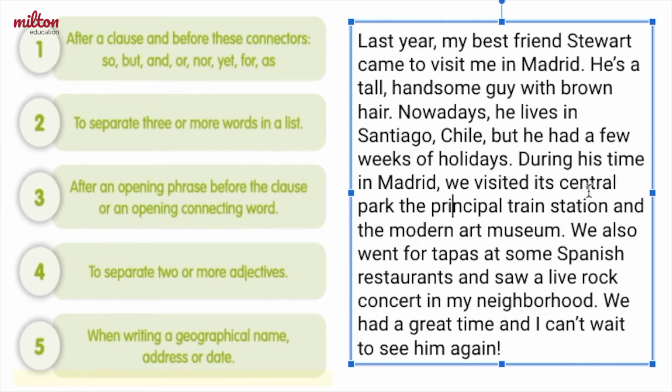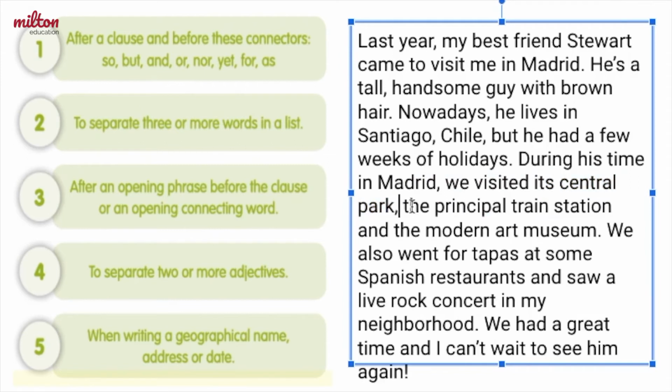Another rule for commas is when you want to separate 3 or more words or ideas in a list, you must use a comma. First idea, Central Park, comma after the word park. The principal train station, we need a comma here. And we're done. Now, let's go to the next sentence.